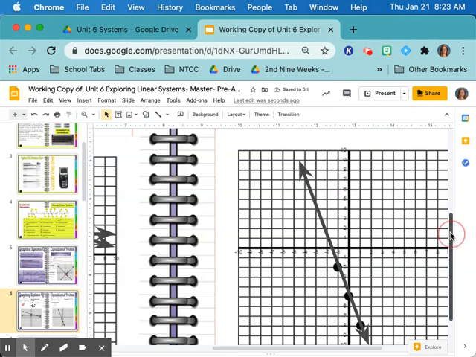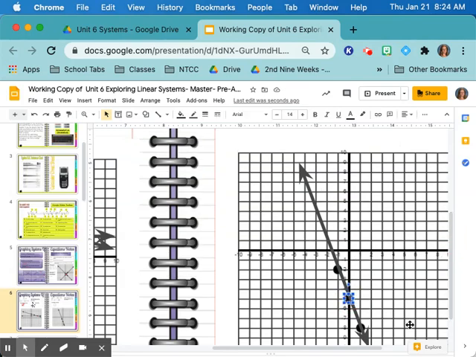And then the next one has a y-intercept of 0. And it's the same slope. Down 3 over 1.